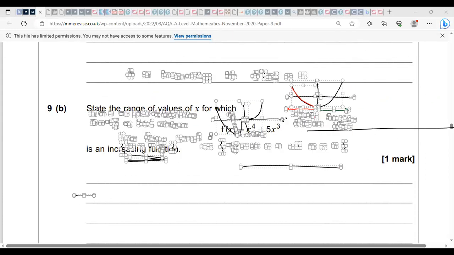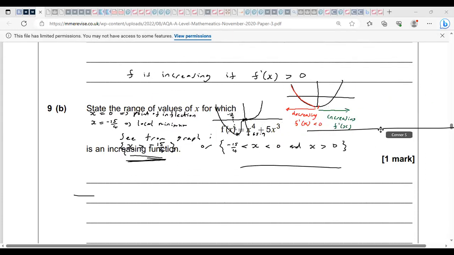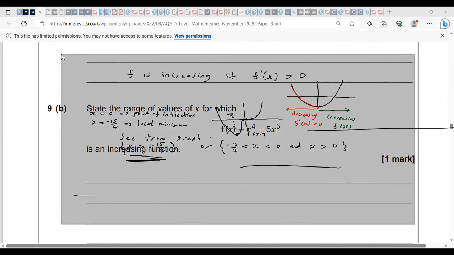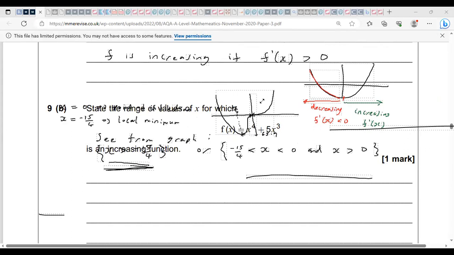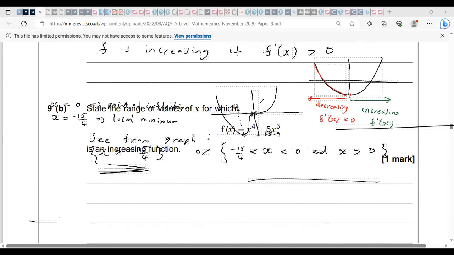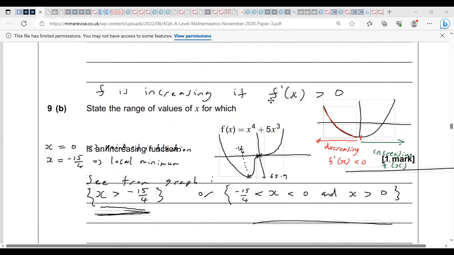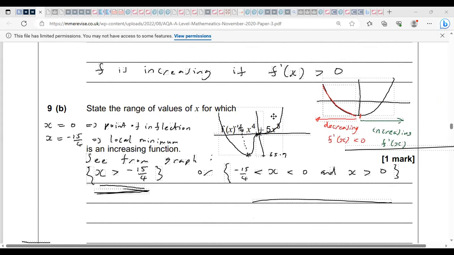Technically when you do university level maths, we say strictly increasing versus strictly decreasing, because strictly increasing doesn't involve points of a gradient of 0, but increasing does. So technically speaking, a function is increasing when the gradient is bigger than or equal to 0.